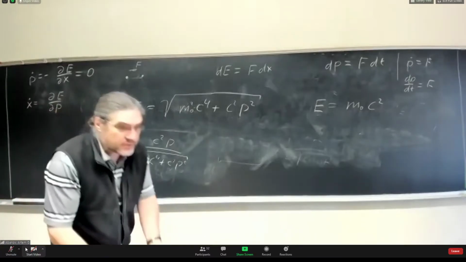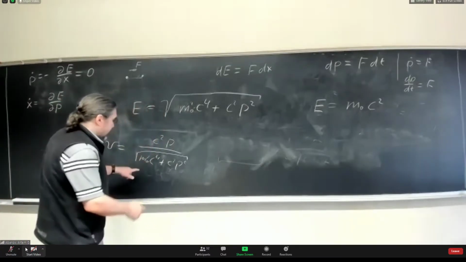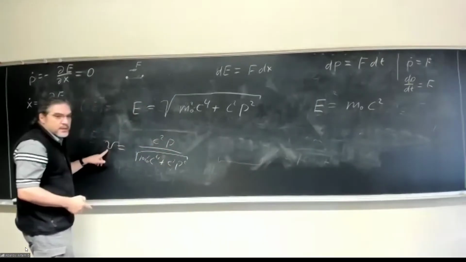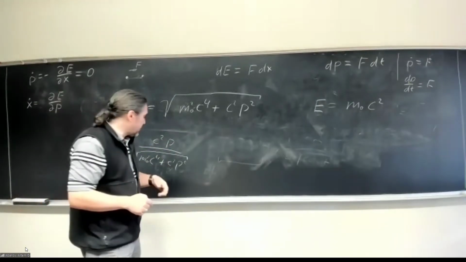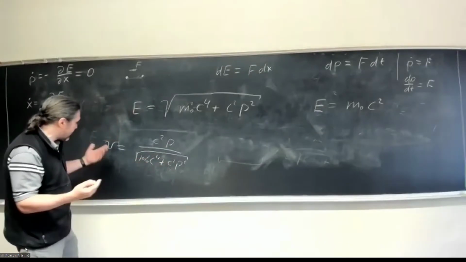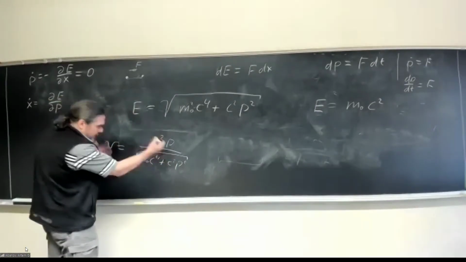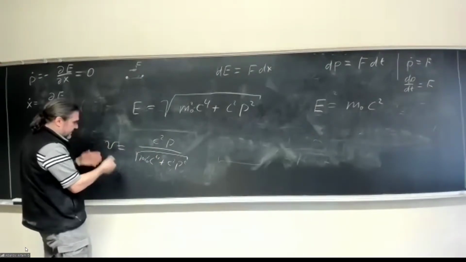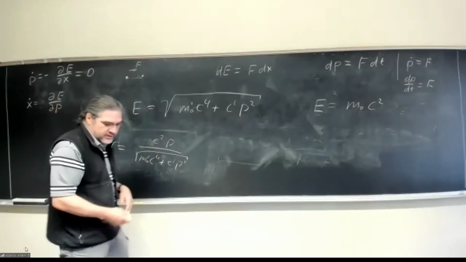All right. So now you see that I have a connection between velocity and momentum. So I can invert it and solve it with respect to momentum. What I need to do is square both sides of this equation, do some reshuffling, and find out how momentum depends on velocity.